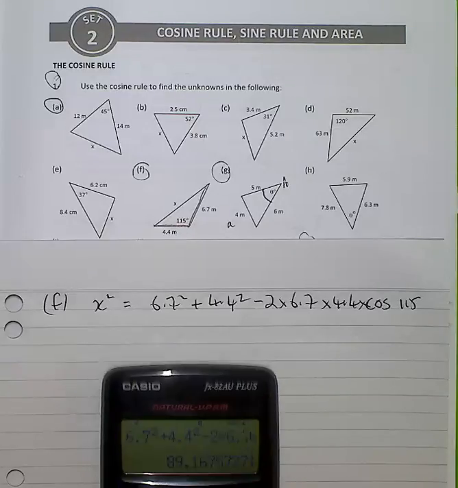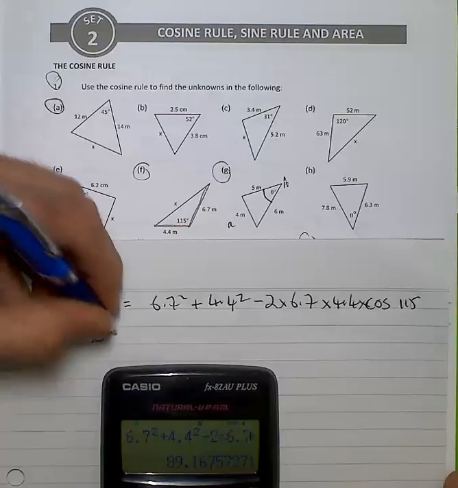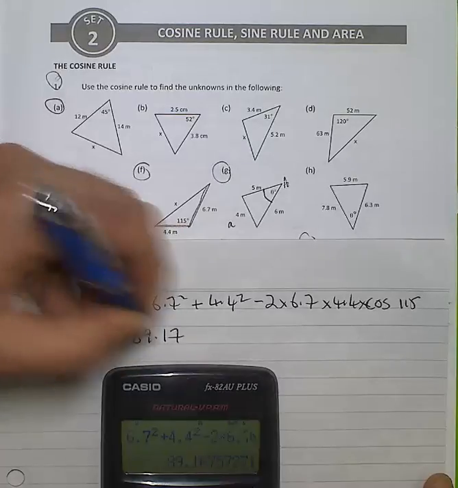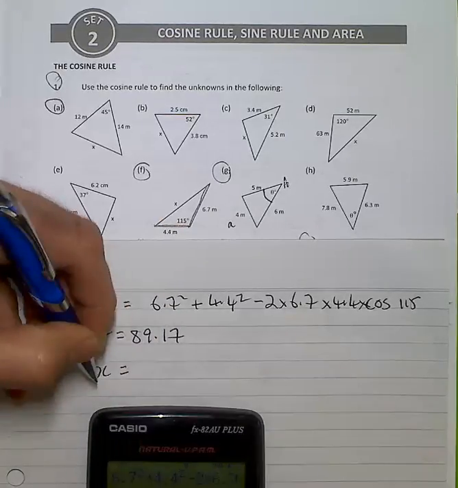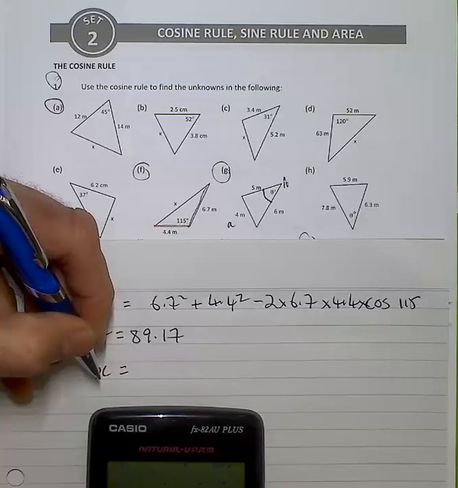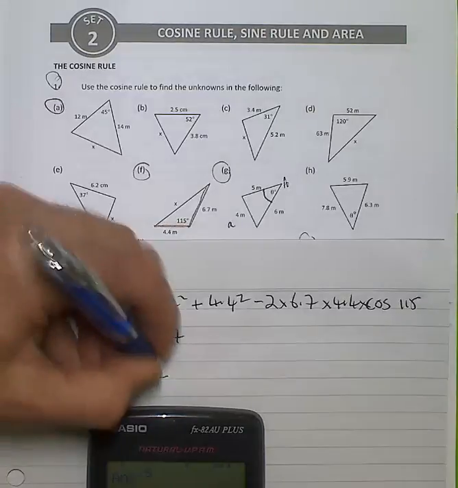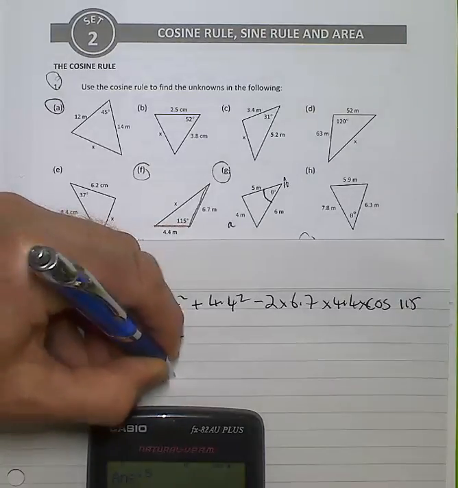So carrying that through on my calculator, X squared is equal to 89.17. I'm taking the square root, raising it to the power of 0.5, gives me 9.44 or 9.4 meters.